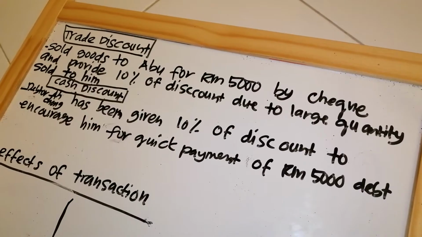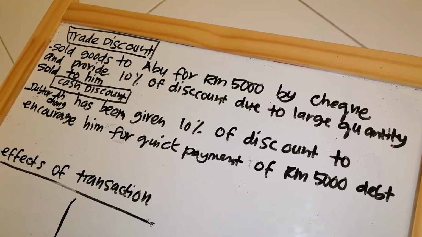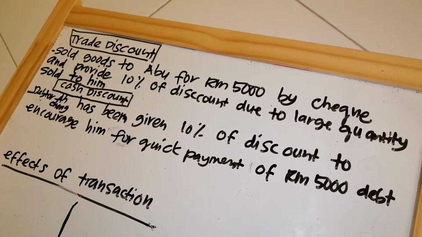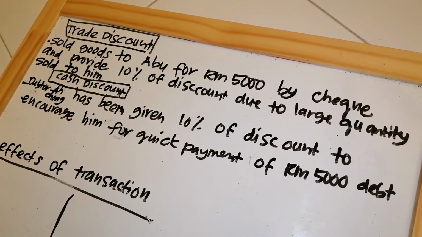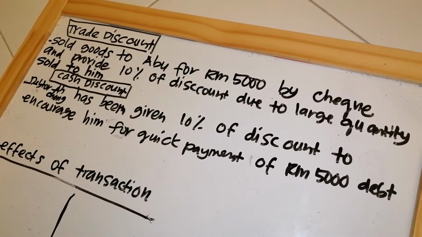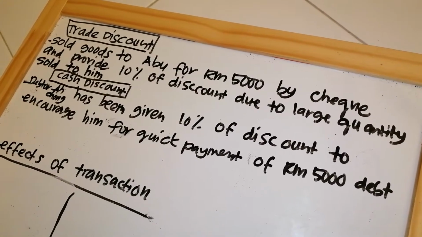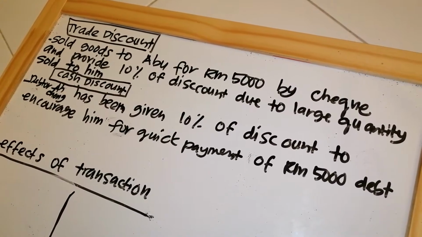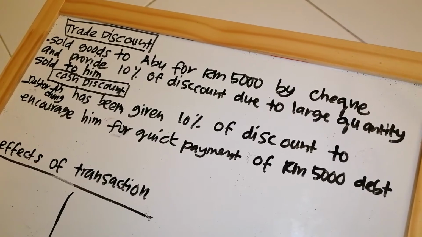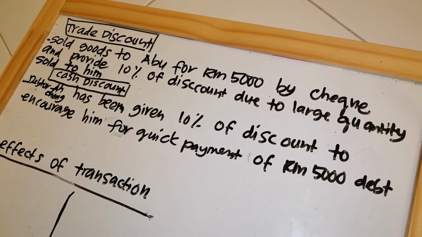Cash discount, I told you just now, is a discount only for debtor, to encourage the debtor to pay quickly. Because bila hutang ni lambat bayar, lagi dia tak nak bayar. So, to encourage them to pay quickly, we give discount.